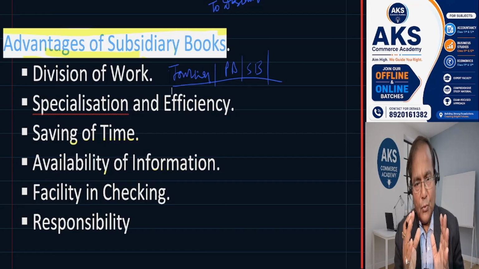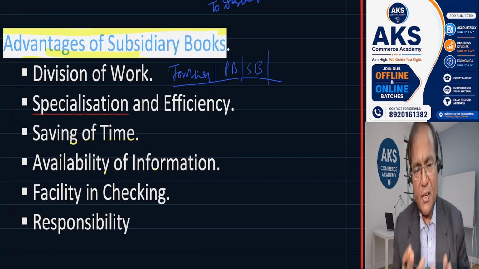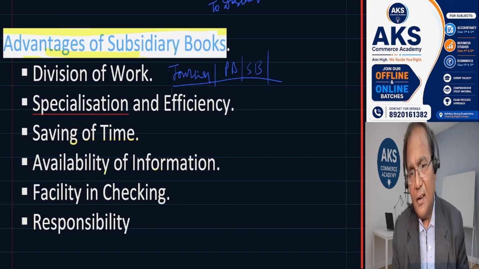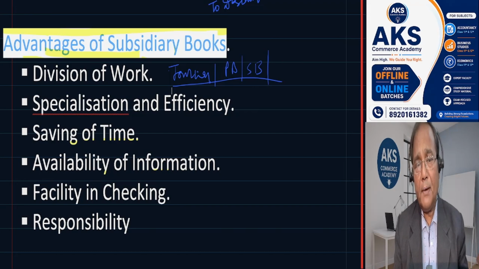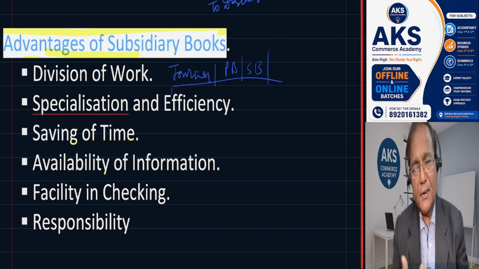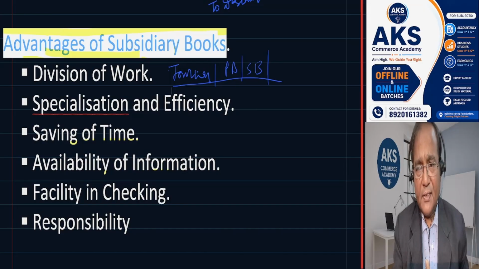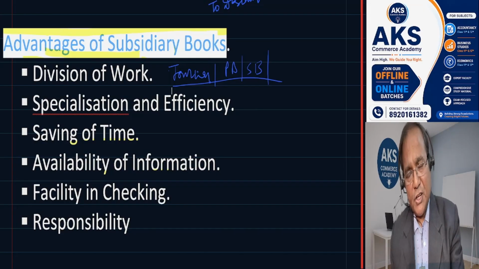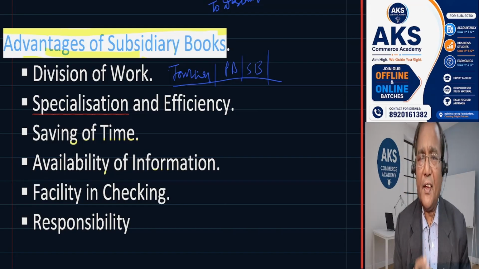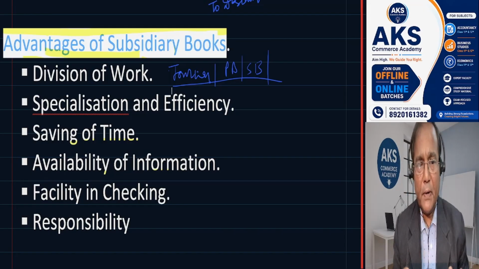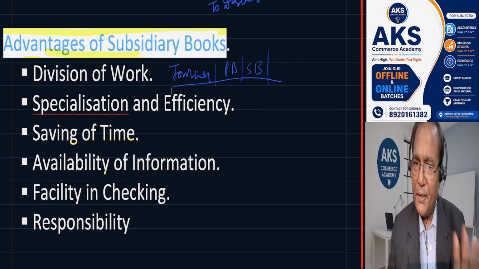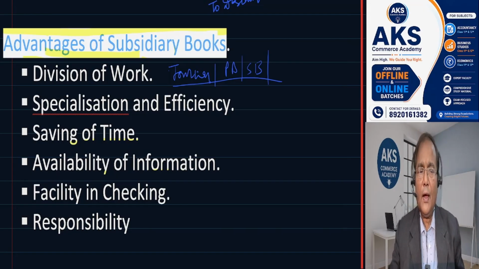Since one nature of transaction is entered in a particular book, checking becomes relatively easier than if everything were maintained in one single journal. Responsibility. The person maintaining the purchase book is responsible for its maintenance, its accuracy, its sharing of information, and everything related. So his responsibility would be to see every associated aspect. I hope it is understood. Let us now go ahead and understand.